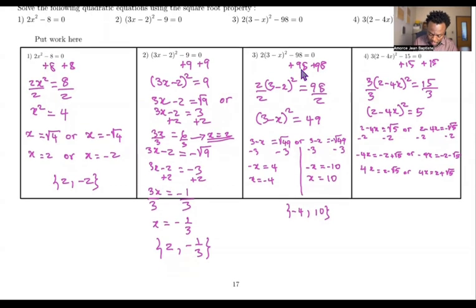And then divide by 4, x equals 2 minus square root of 5 over 4. We divide by 4 with this one as well, or x equals 2 plus square root of 5 over 4. The solution set is 2 minus square root of 5 over 4, 2 plus square root of 5 over 4.